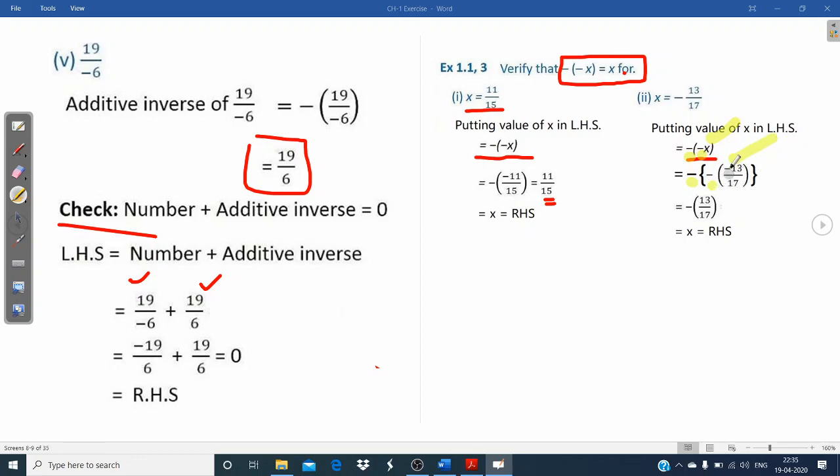The first bracket part will be solved, so minus minus will be plus. Inside the bracket, what is left? 13 upon 17, and outside the bracket, the minus sign. So the final answer is minus 13 upon 17. And this minus 13 upon 17 was the value of x. So instead of this, we can replace it with x, which is equal to RHS.